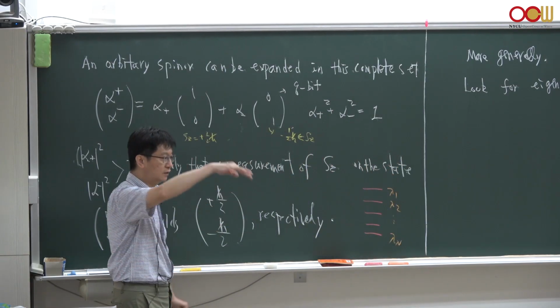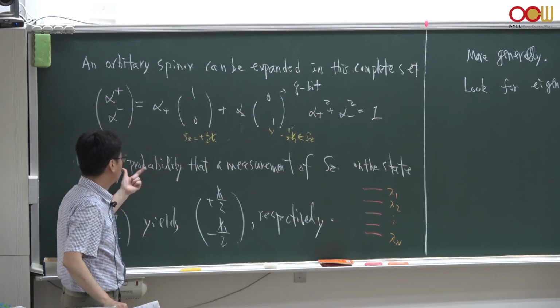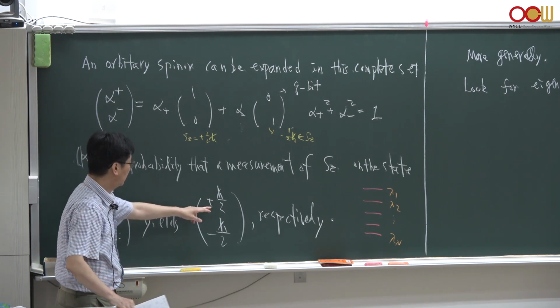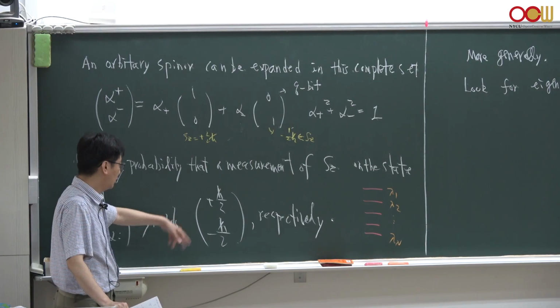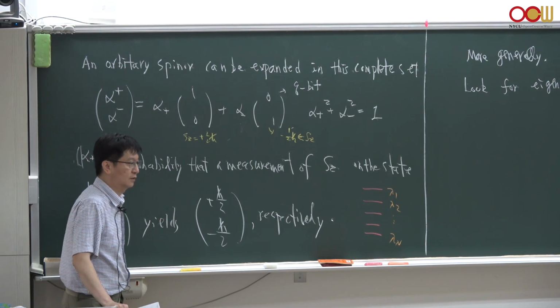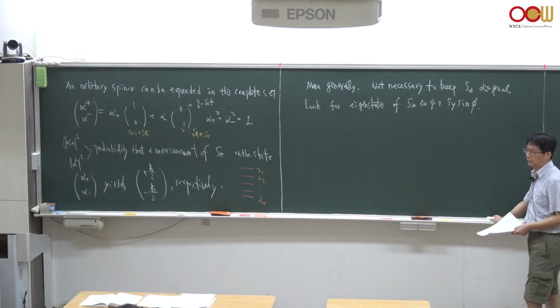You take the statistics, and this tells you the probability, the percentage that you get this value or that value. And this percentage is precisely the square of the coefficient. This is just a refresh of your basic concept of quantum mechanics.